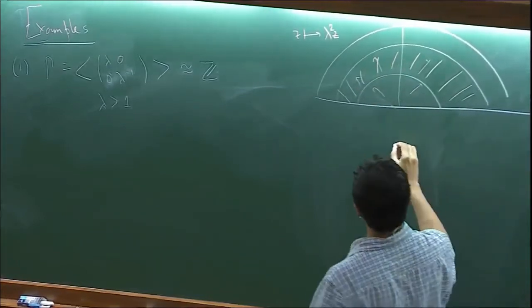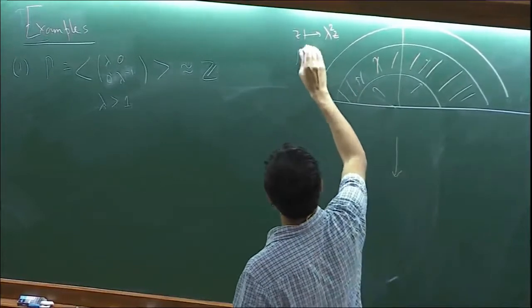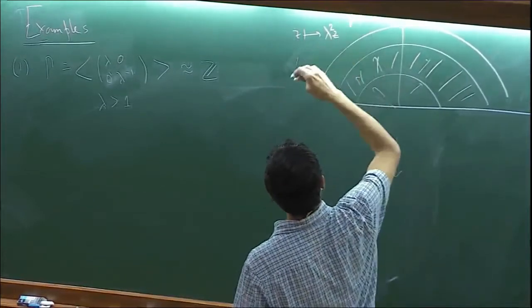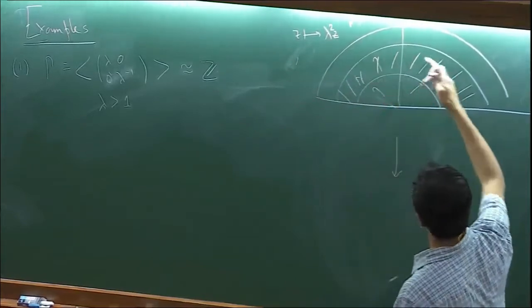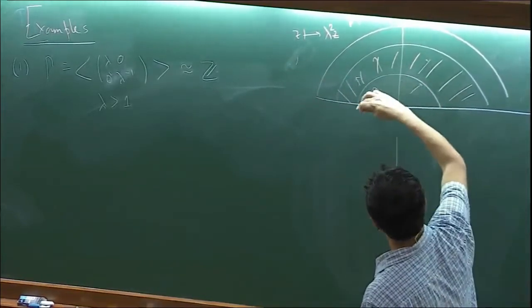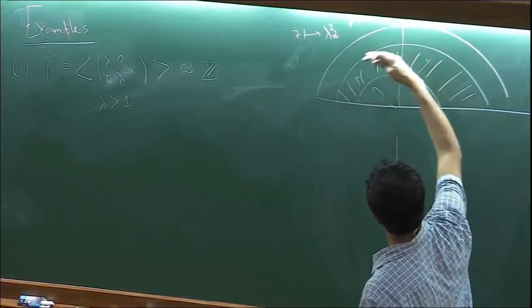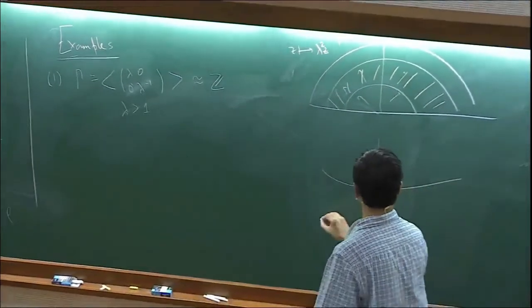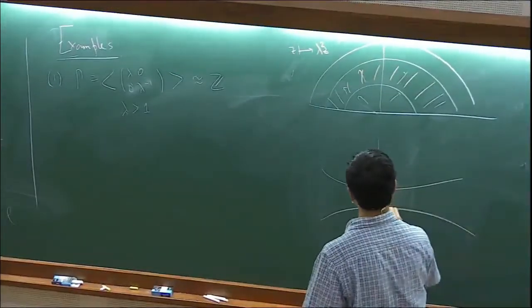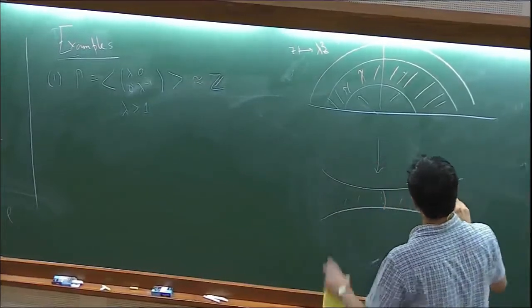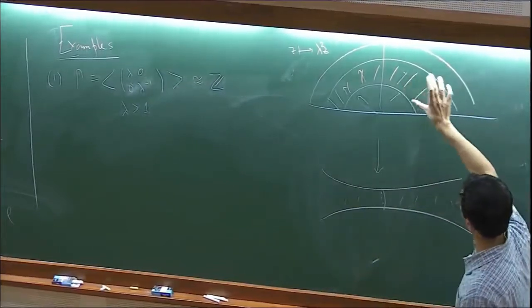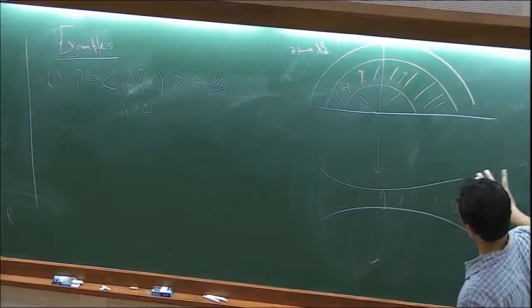And the quotient, so that's our upper half plane, and this group acting here. The quotient is obtained by taking a fundamental domain and gluing this side to that. So when you glue them, you get some annulus, a hyperbolic annulus that flares out. As you go this way, the distances increase.